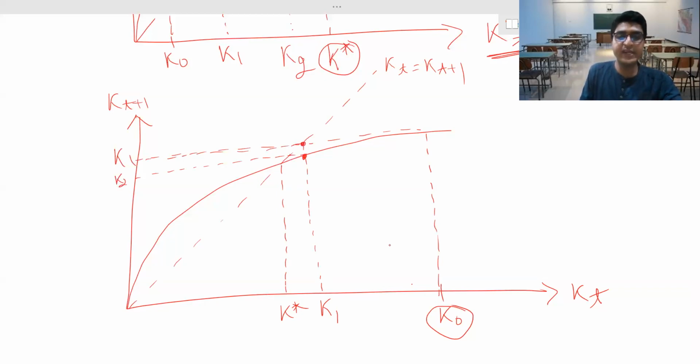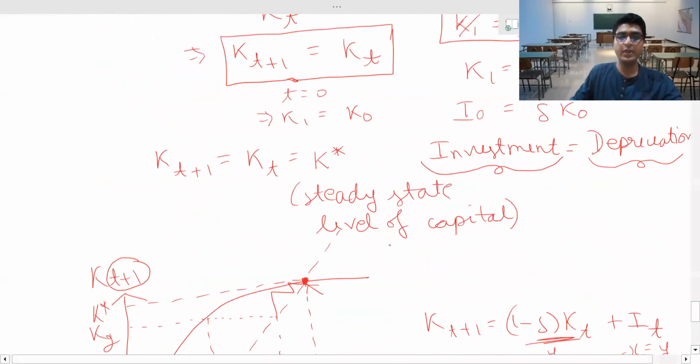Now this 45 degree line will give me K2 on my x axis. Okay, now this graph will give me K3 on the y axis. तो ये चल रहा है। ओके, दिखा?